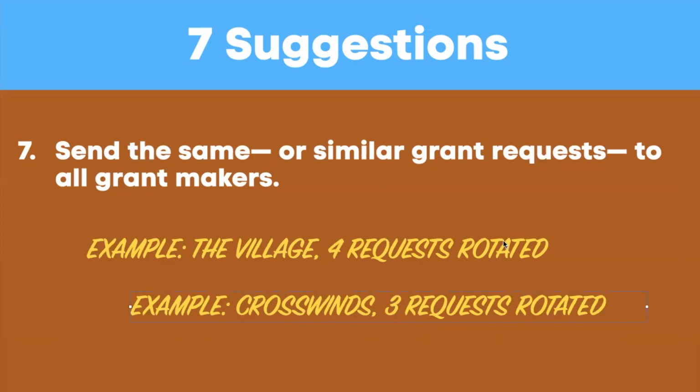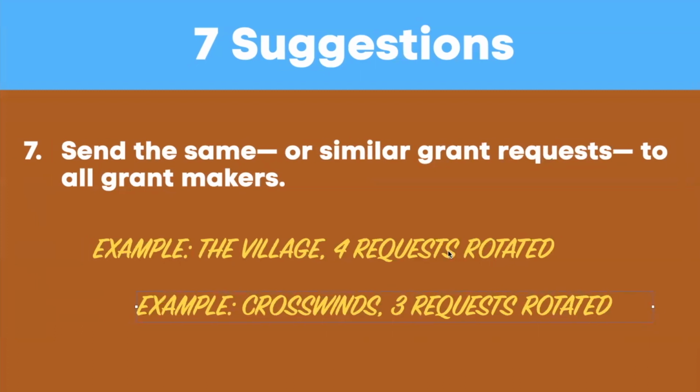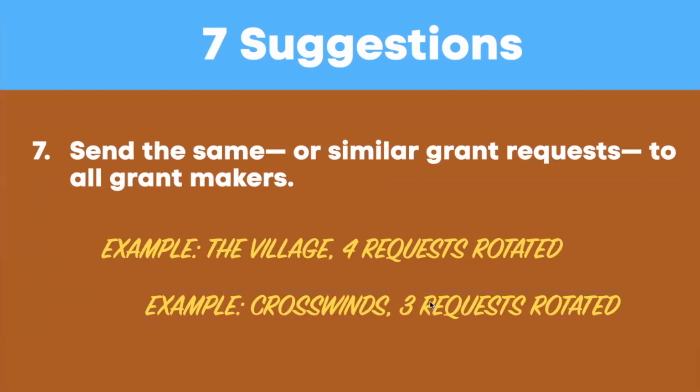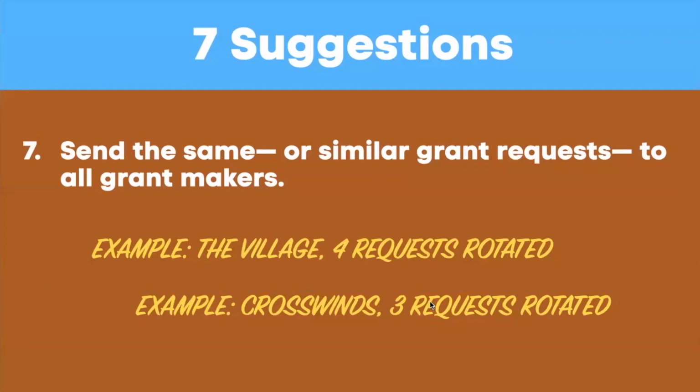So you think about that, every two to three years, I'm updating and repeating and tweaking those same requests based on progress that we've made over the past two to three years. But I'm still sending the same request. Right now with Crosswinds Foundation for Faith and Culture, I've got three requests that I'm rotating.